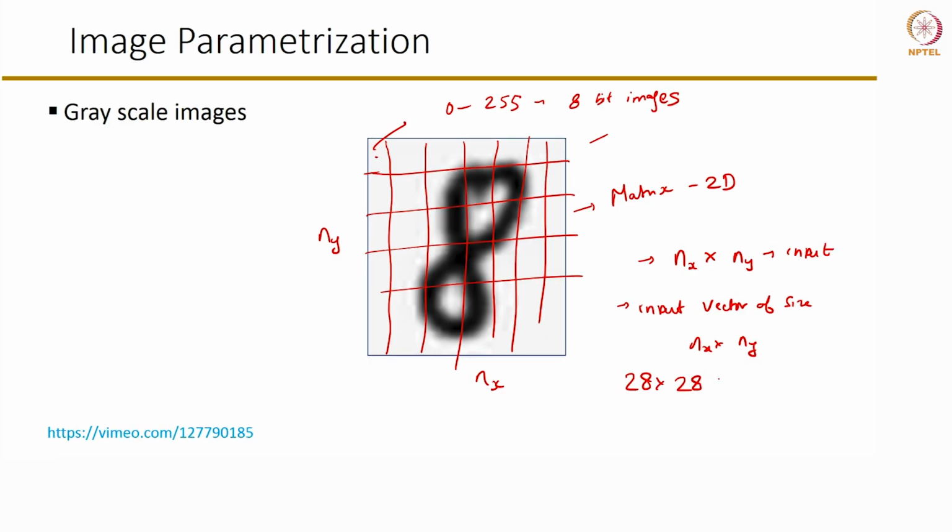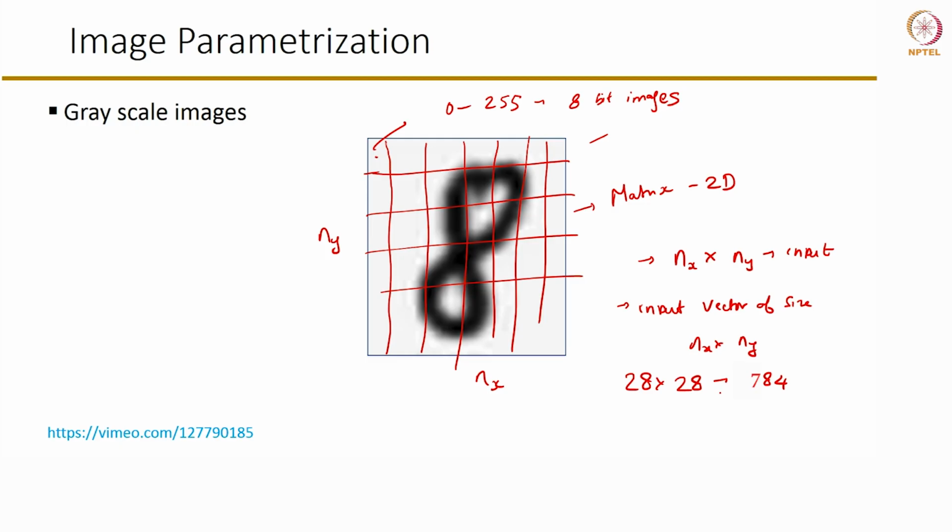So, that means it is a vector of size 784. Okay. So, as far as grayscale images are concerned, you can think of them as a 2D matrix of dimension nx cross ny, depending on how many pixels are there along the x or the y axis. And if you want to think in terms of a regular ANN, the size of your input is basically the total number of pixels in the image.